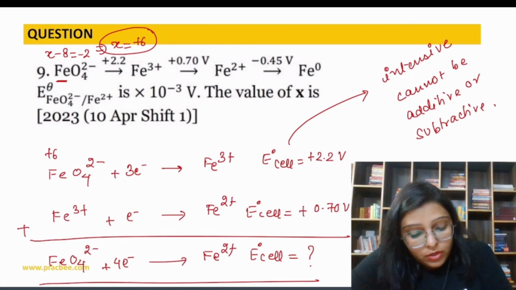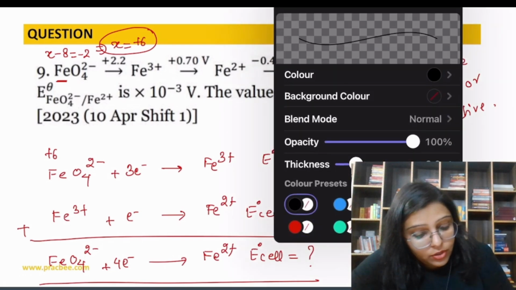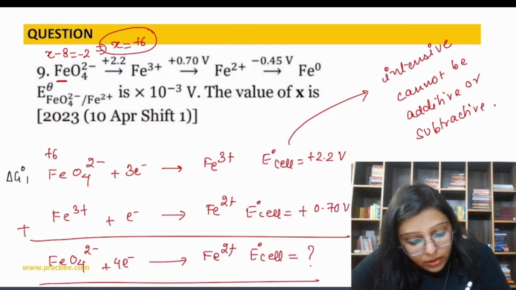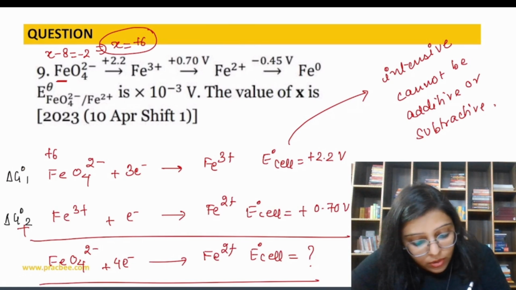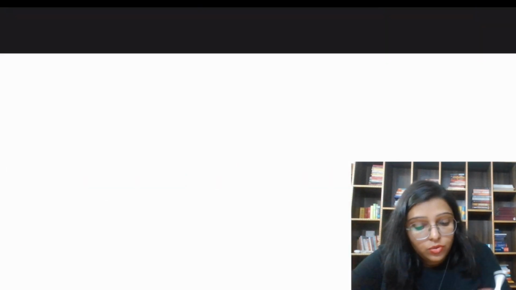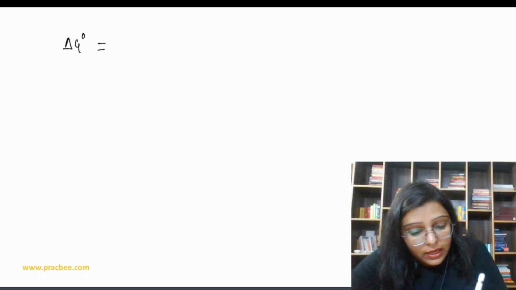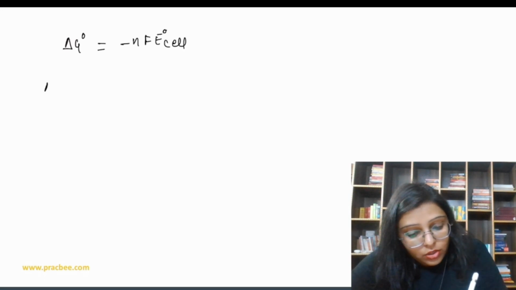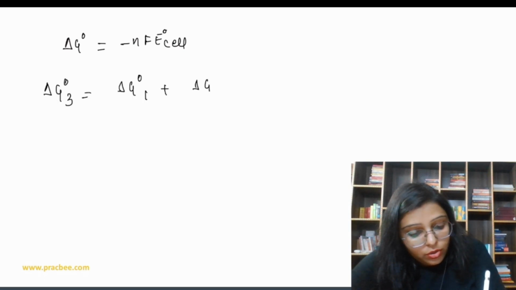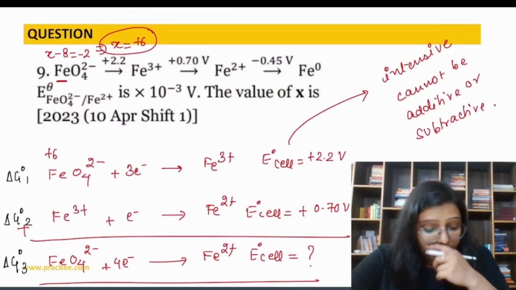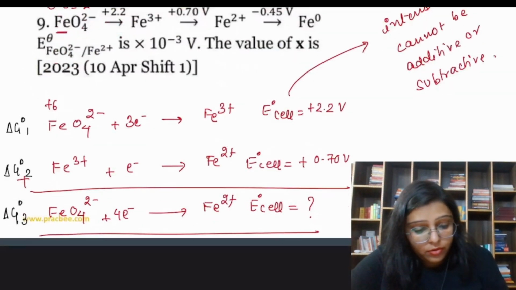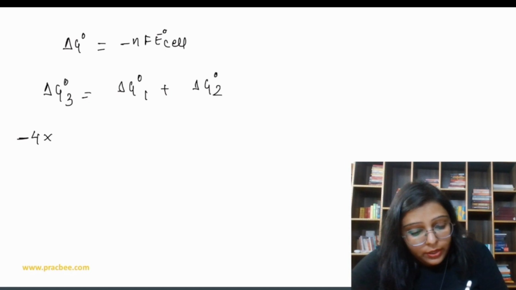Suppose for the first reaction this is delta G naught 1, for the second reaction delta G naught 2, and for this delta G naught 3. Delta G naught we can calculate by minus nF E naught cell. So delta G naught 3 is equal to delta G naught 1 plus delta G naught 2, right? Now delta G naught 3, how to solve? Minus 4 into F into E naught cell.